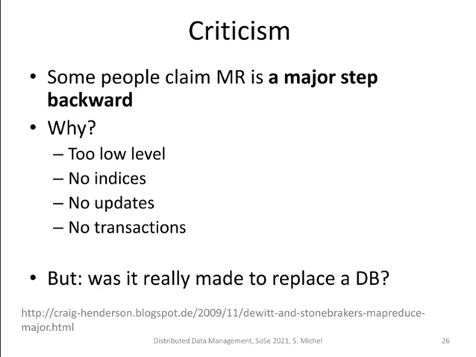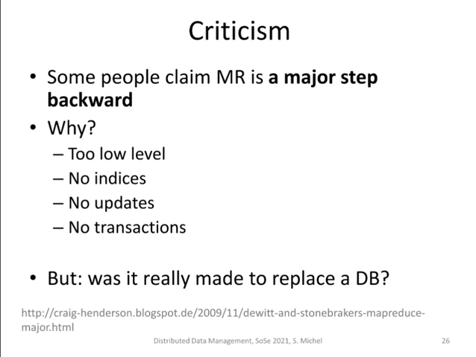So for some people, in particular the core database community, MapReduce is a major step backwards because of exactly these reasons. Right? It's too low level. There are no updates, no transactions. There are no index structures. And then, of course, people also started implementing something like indexing in MapReduce, so the queries would run more effectively than without it.